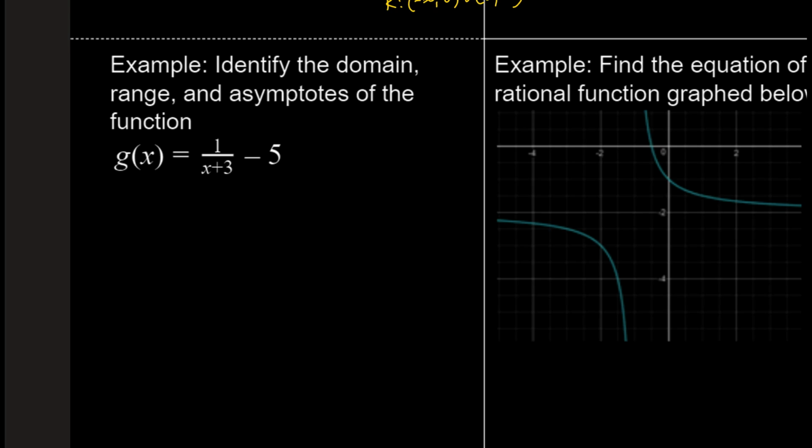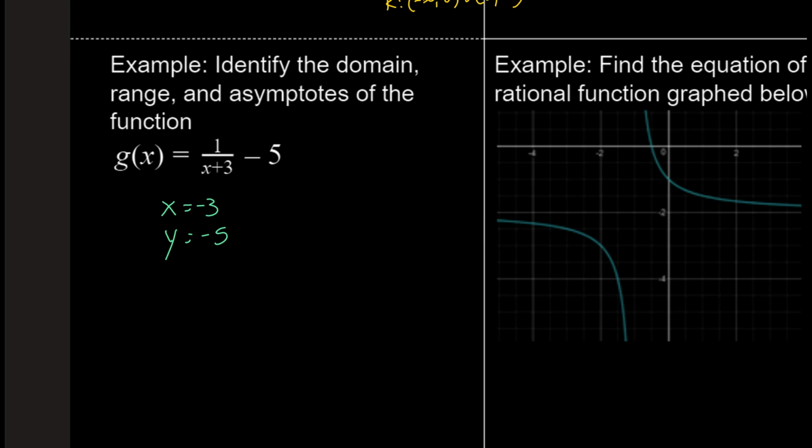No. Where is my vertical asymptote? X equals negative 3. Tricky. And where is the horizontal asymptote? Y equals negative 5. Now, our domain, X is everything except what? This time our asymptote has been moved, right?